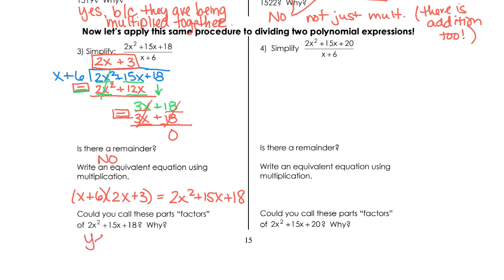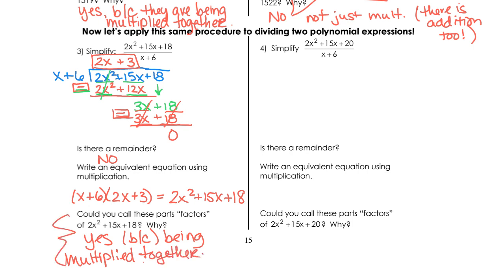The answer is yes, because they're being multiplied together. And what that means to me, guys, is that you could have factored 2x squared plus 15x plus 18.